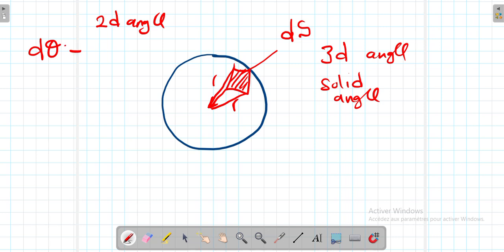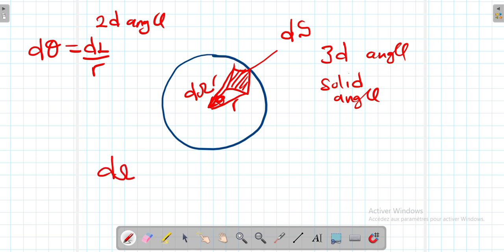Now, the most important thing to know is the relationship. Just as the elementary plane angle is the arc length subtended by the angle over the radius, here we have an elementary solid angle, which is in 3D.